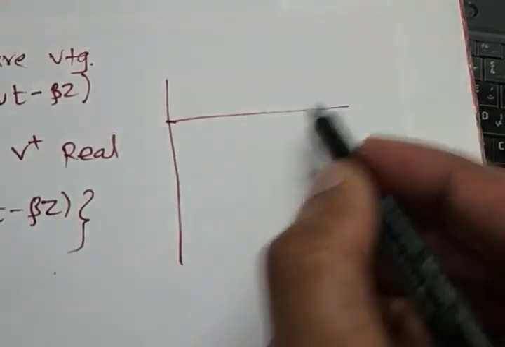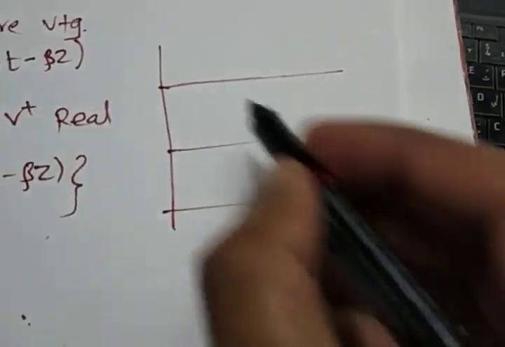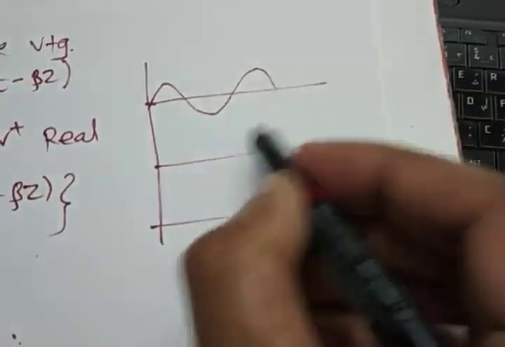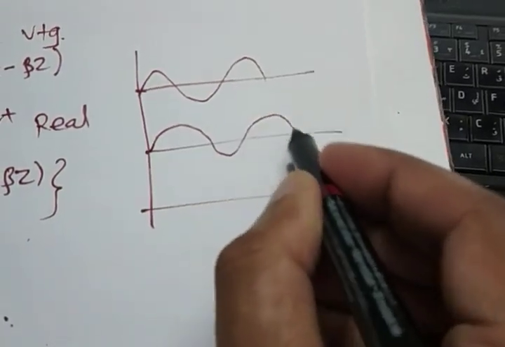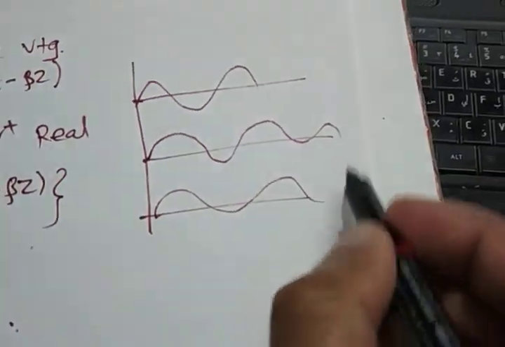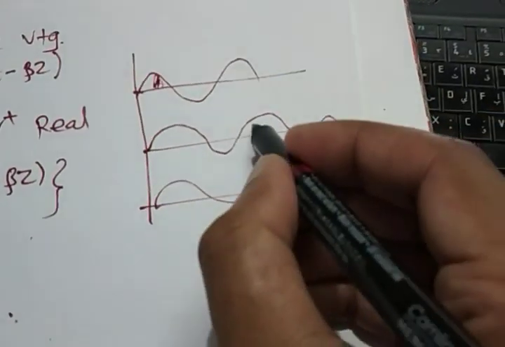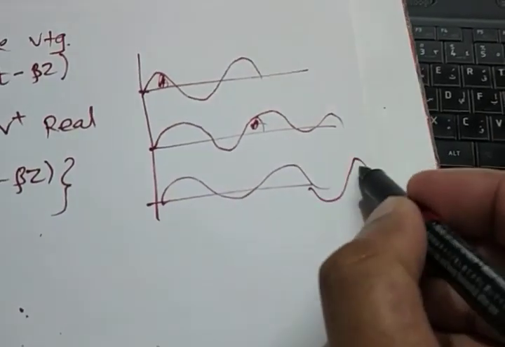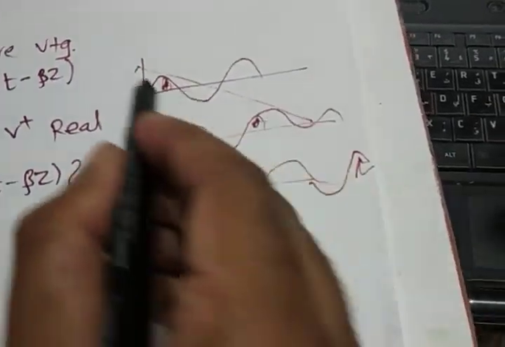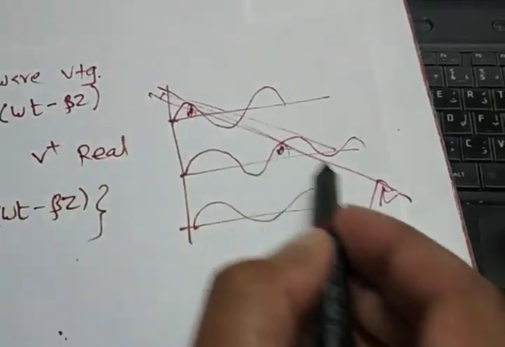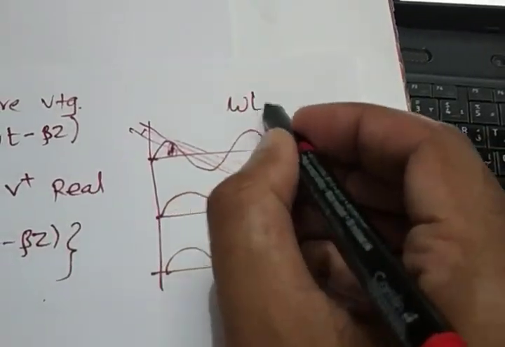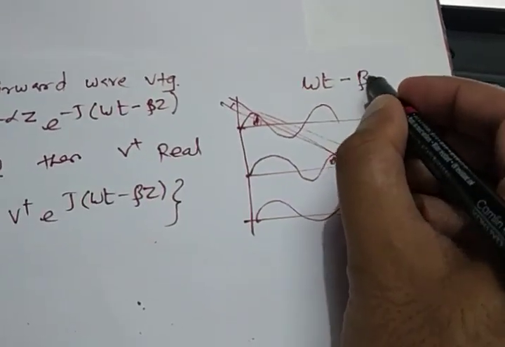For forward wave, we have something like this. So A is shifting from here to here to here. So this line, this is forward wave omega t minus beta z.